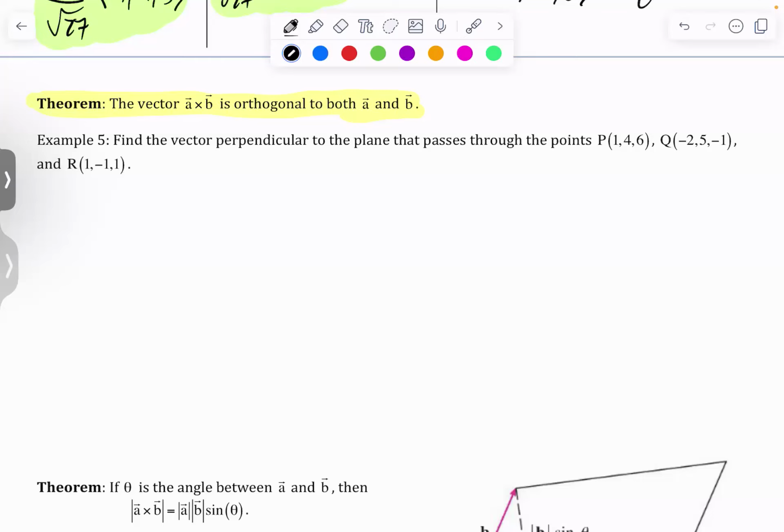And first what I need to do is build my vectors. So I'm going to build a vector PQ. And if you remember from the previous video, that's going to be -2 minus 1, 5 minus 4, and -1 minus 6.